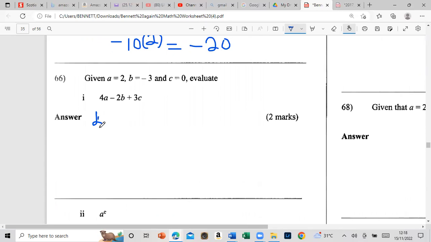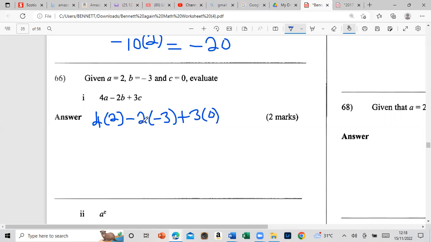Again, we substitute, so it's 4 times A, which is 2, minus 2 times B, which is -3, plus 3 times C, which is 0.